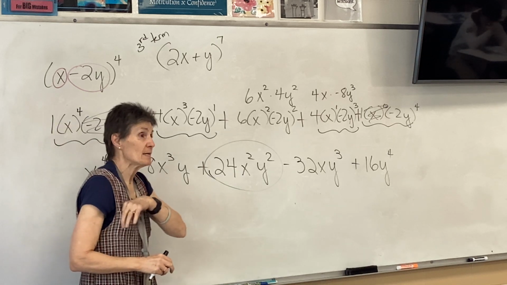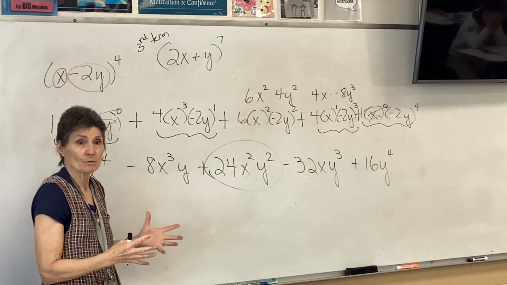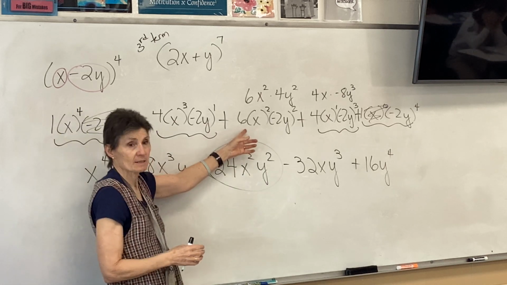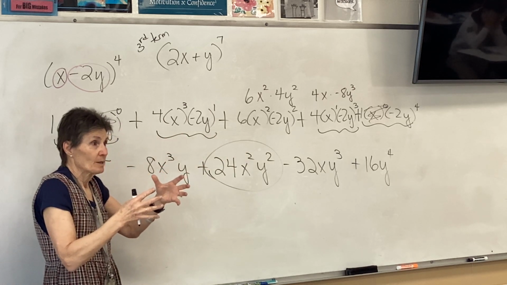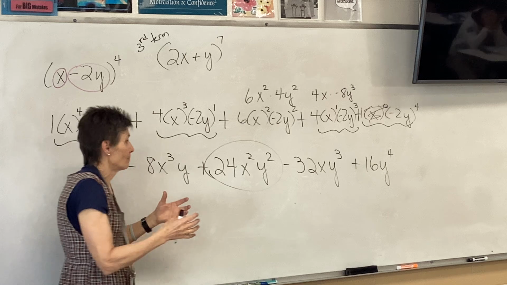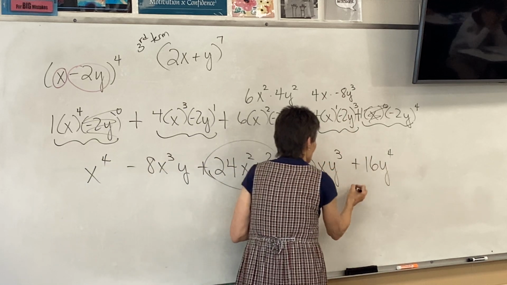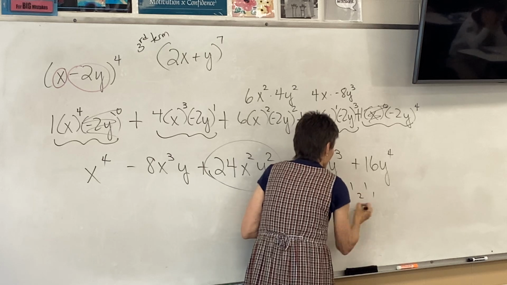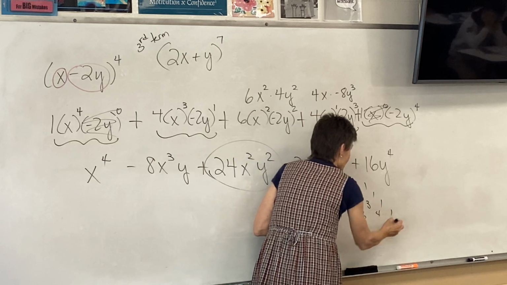So the first thing I need to do is figure out the number I'm going to use. Like here I use 6. I need to figure out what number I'm going to use. Now you have a choice. 7C7. You can go ahead and do your triangle. Now, from the previous problem, we already had it built this far.